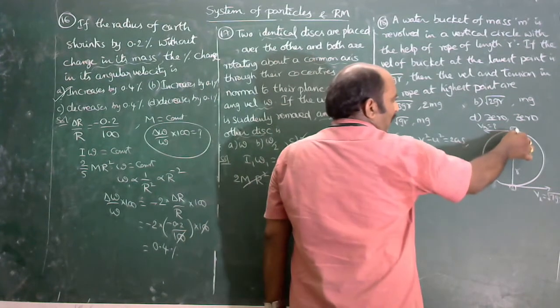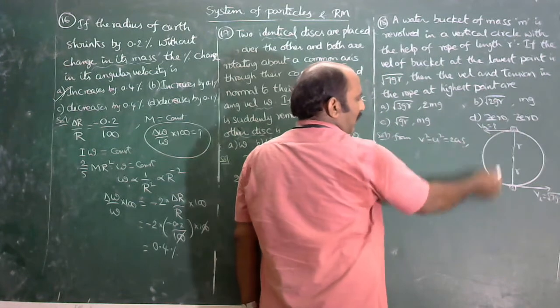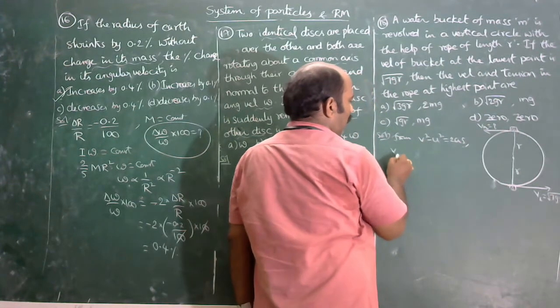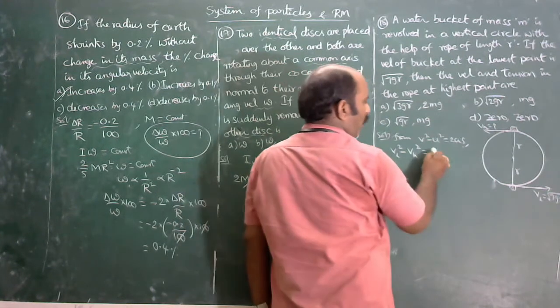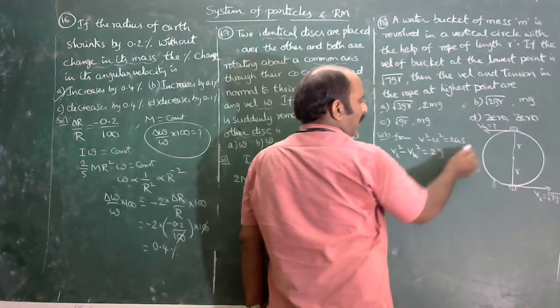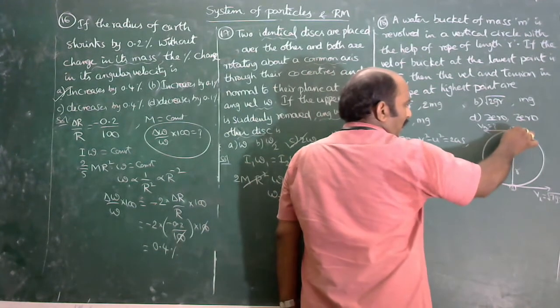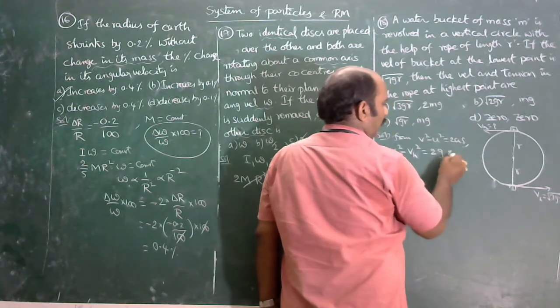When the bucket comes from the highest point to the lowest point, we take initial velocity and final velocity. That means VL square minus VH square is equal to 2 into g into s, where s is the displacement. What is the displacement between the highest and lowest points? 2r.